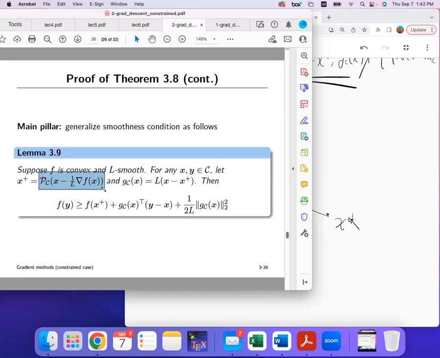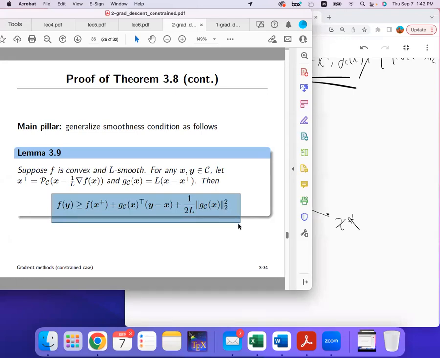Right? Because X plus is a subsequent update point of X. And then GC of X is the generalized gradient defined based on X and X plus. So then we have 3 points: X, Y, and X plus. And this inequality says that these 3 points satisfy the following inequality.